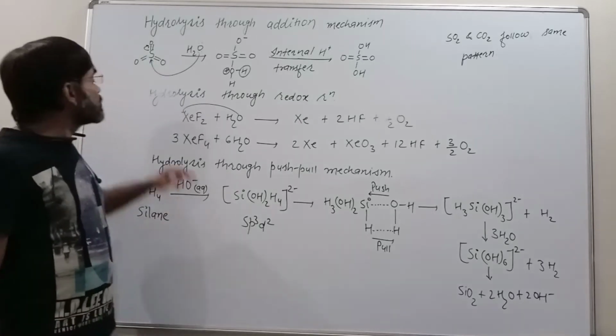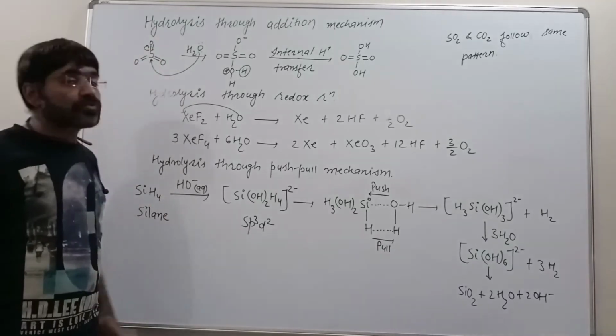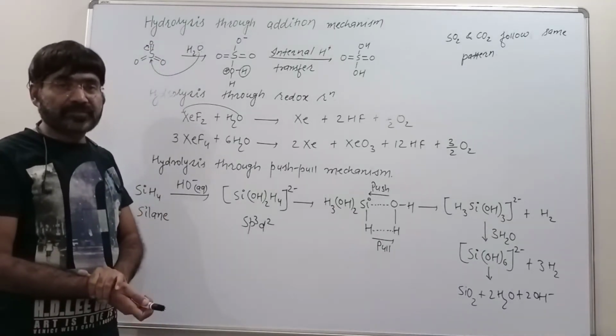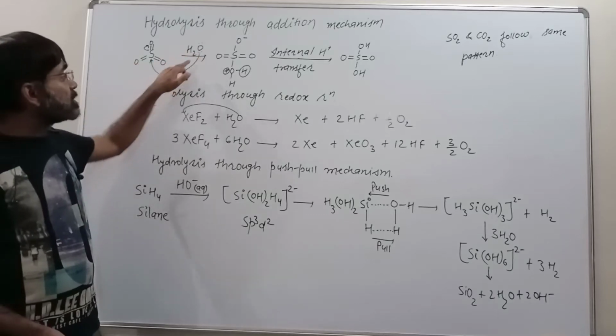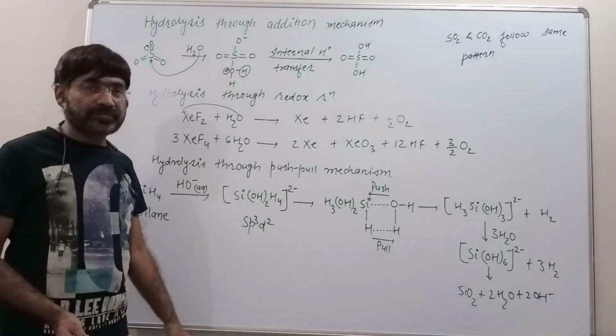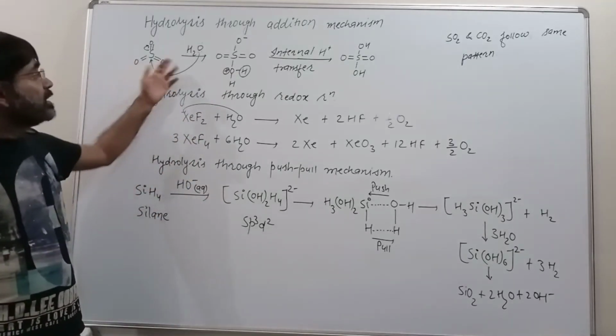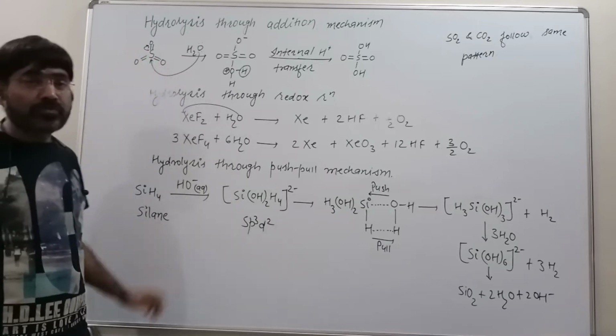Due to the electromeric shift, sulfur acquires a positive charge and oxygen acquires a negative charge. Over this positive sulfur, the oxygen of water connects itself.